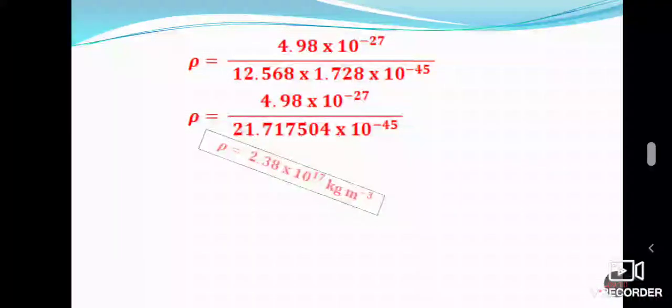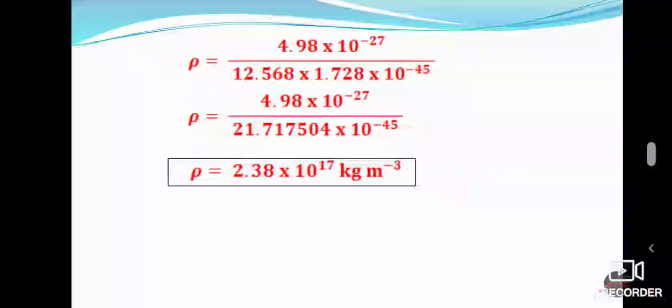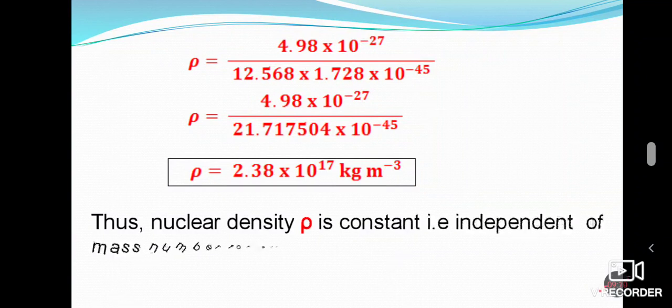So the final answer is rho equal to 2.38 into 10 to the power of 17 kg per meter cubed. Thus the nuclear density rho is constant, that is, it is independent of the mass number of all the nuclei. This is the nuclear density of the nucleus.